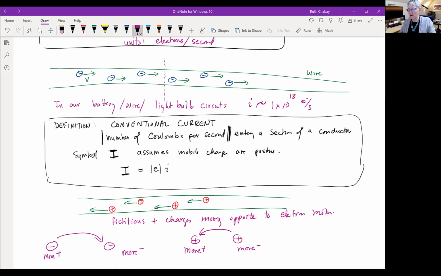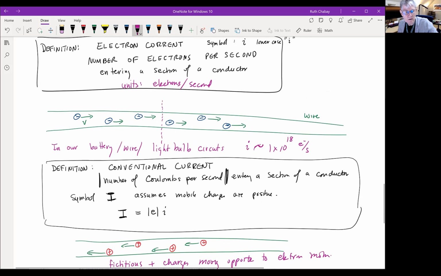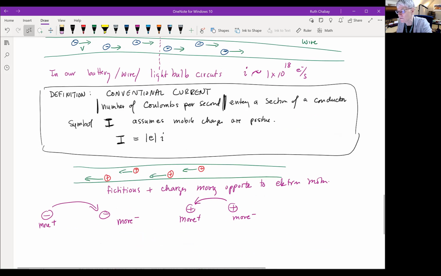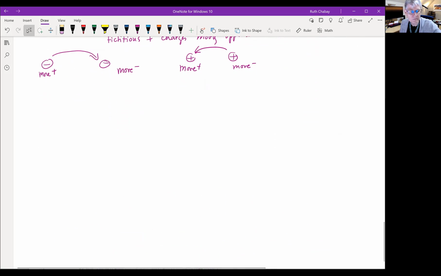So the net effect is in many cases the same. We're going to talk about electron current for a while because this is what's really going on in these wires, but we should be aware that there's this other thing.